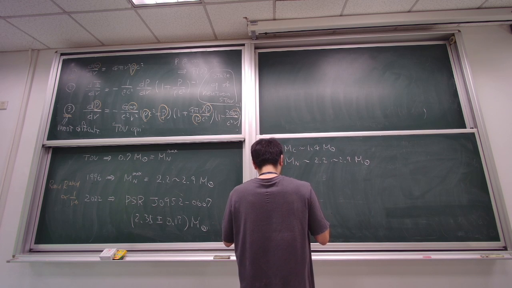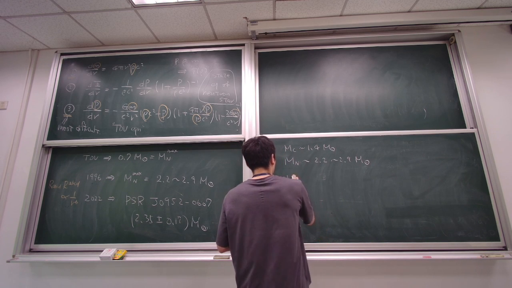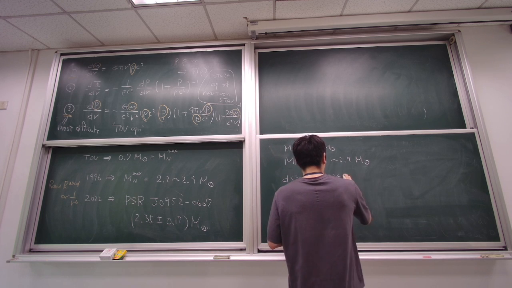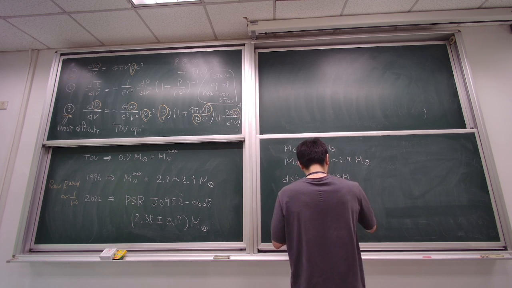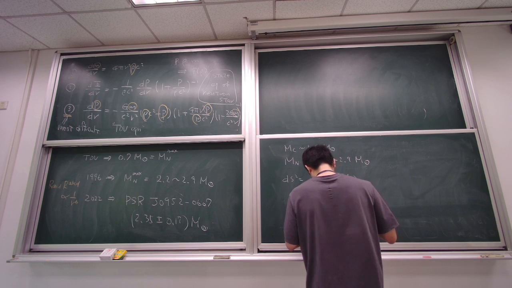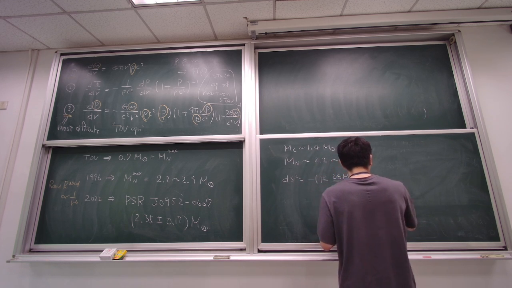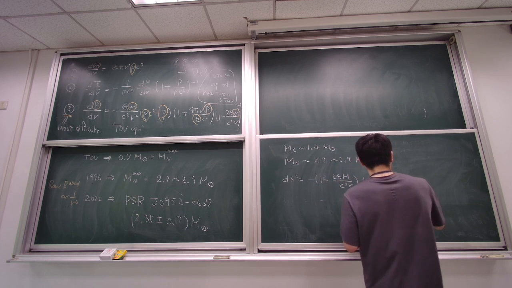Okay, and as I mentioned, the ds square is equal to minus 1 minus 2g over r, and so on.